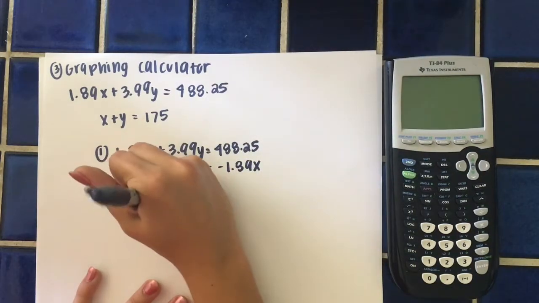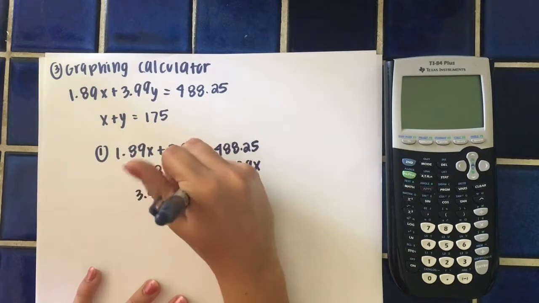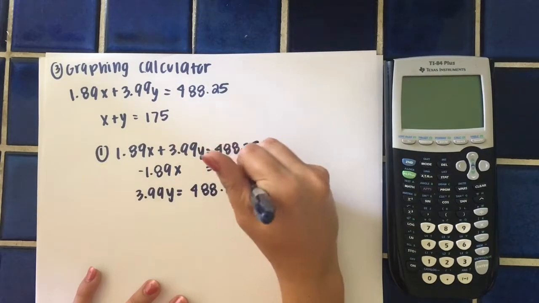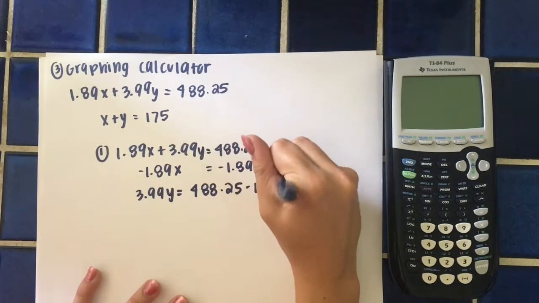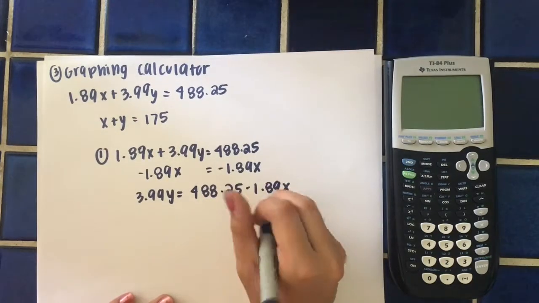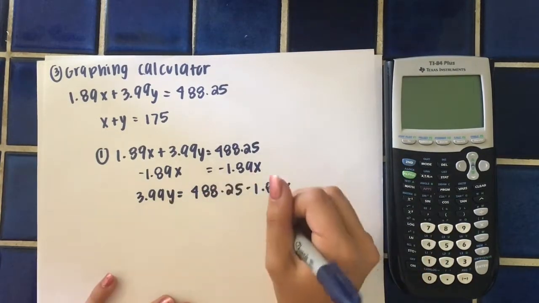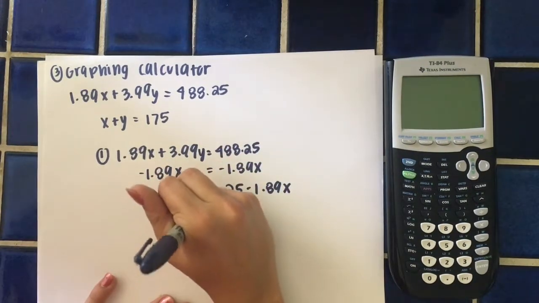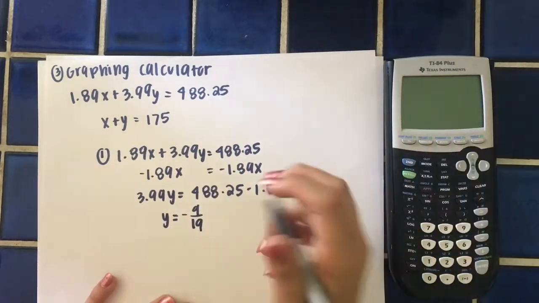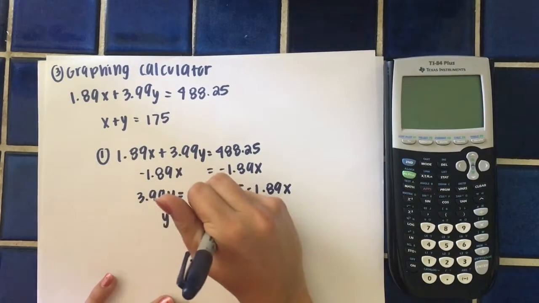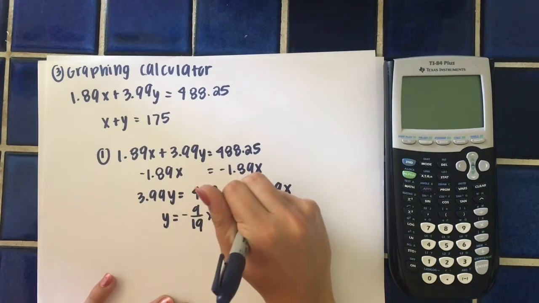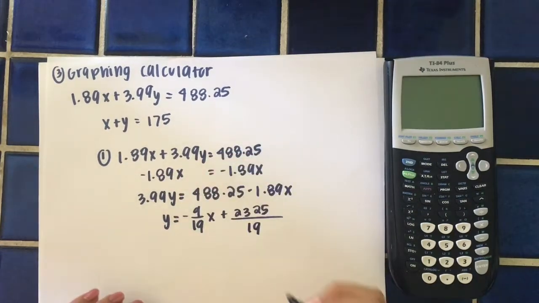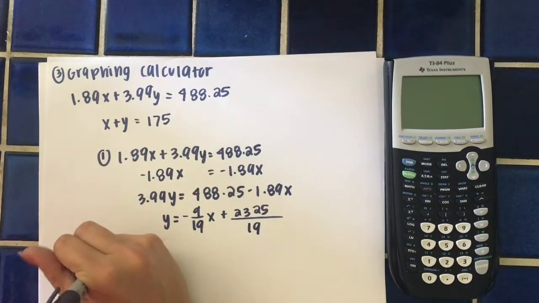That's going to be 3.99 y equals 488.25 minus 1.89x, and we're going to divide both sides by 3.99, which then equals y equals -9 over 19 x plus 2,325 over 19.